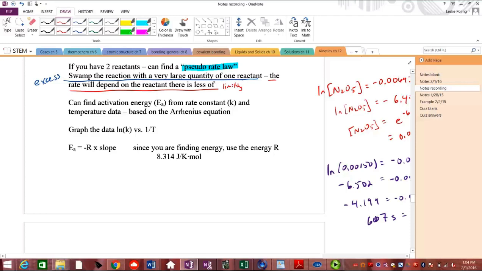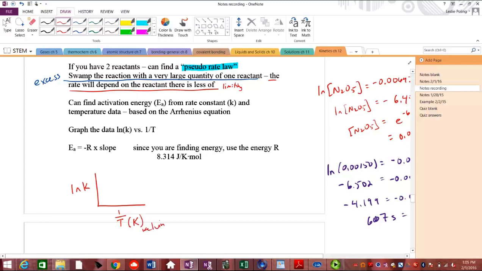So we can find our activation energy, E sub A, from the rate constant and temperature. And this is using the Arrhenius equation. So what we're going to graph is the natural log of k, the rate constant, over 1 over temperature in capital K, Kelvin.